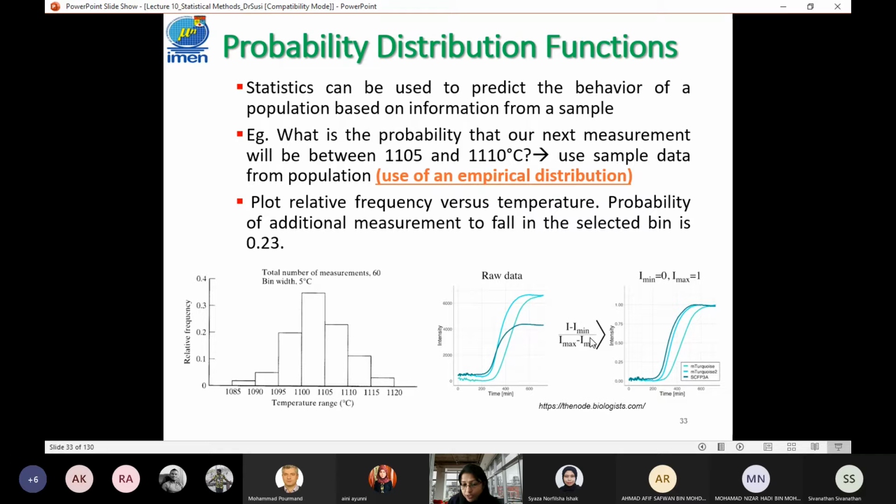They normalized all 3, taking the measured value I minus I min, divided by I max minus I min. So they normalize it and you are able to compare all 3.